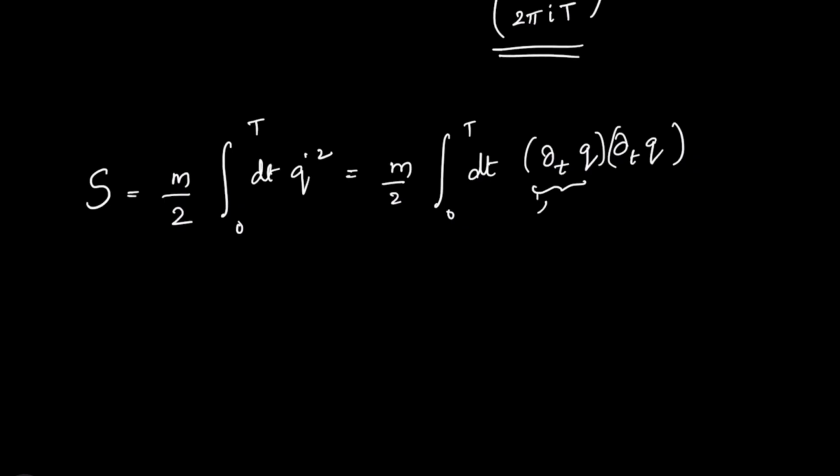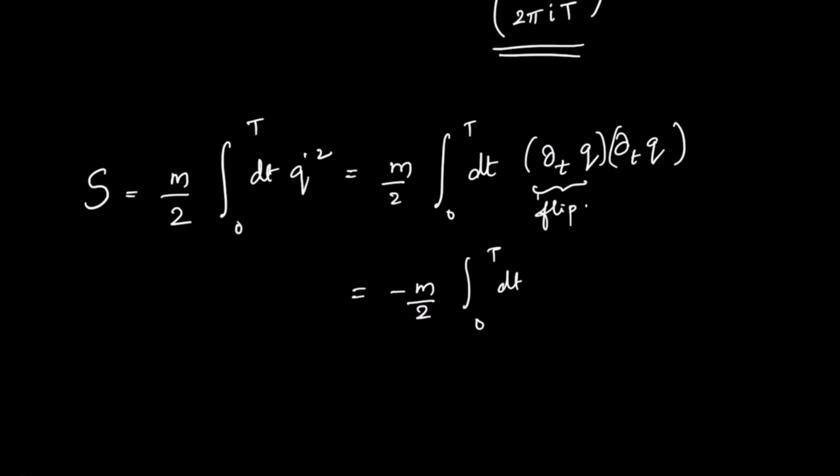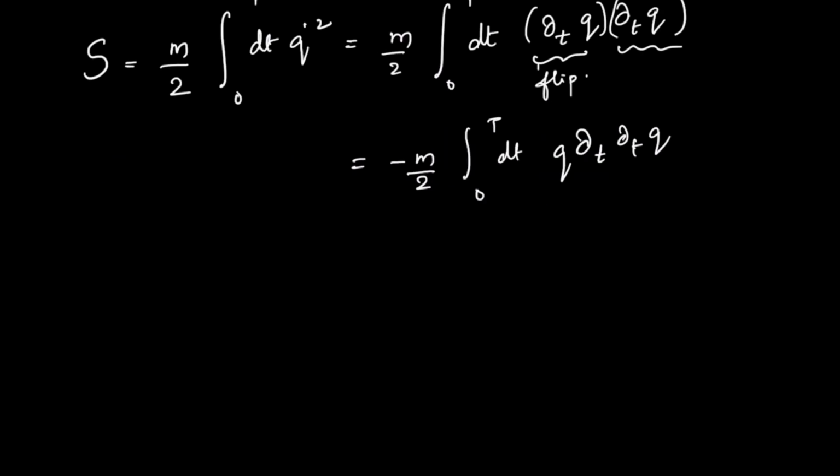Now I am going to flip the derivative so that there will be a minus outside: minus m/2 integral 0 to t dt q times the second derivative of q, the second one as it is.